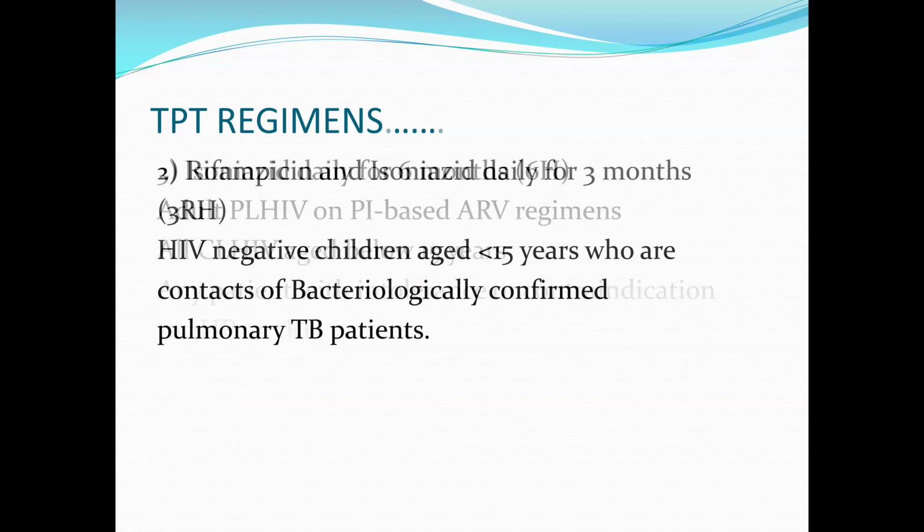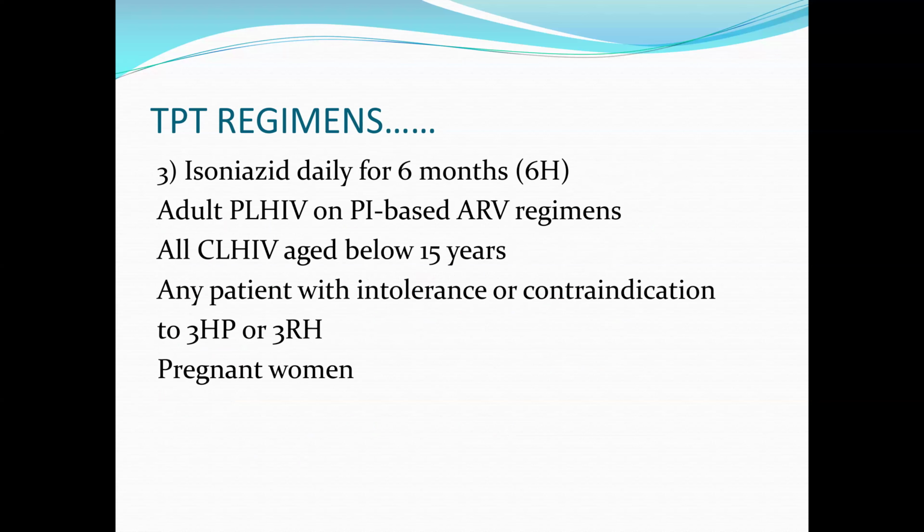The third one is isoniazid for 6 months, and this one is given to adults and people living with HIV who are using the protease inhibitors that we are talking about, and all children living with HIV aged below 15 years, or any patient with intolerance or contraindication to rifampicin, and pregnant women.